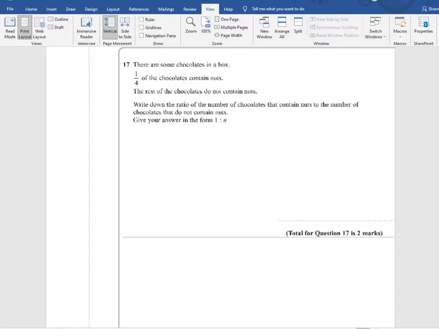Right, so three quarters of the chocolates do not contain nuts. Write down the ratio of the number of chocolates that contain nuts to the number of chocolates that do not contain nuts. So a quarter, so we're going to have nuts and no nuts. A quarter contain nuts, so we're going to have one of there and the other 3/4 is there.